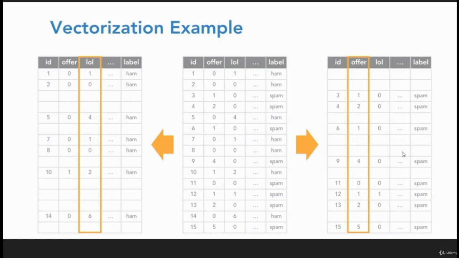So for easy understanding, we can take the example of two words, that is offer and lol. As we can see in our data set, if the word lol occurs more, then it is likely to be ham, or if the word offer occurs more than lol, then it is likely to be spam. So like this, vectorization will help machine learning to make relations.